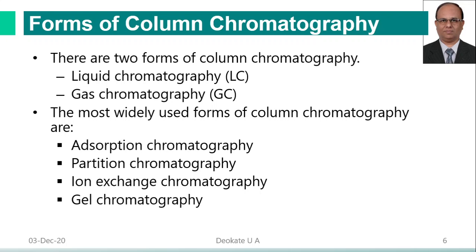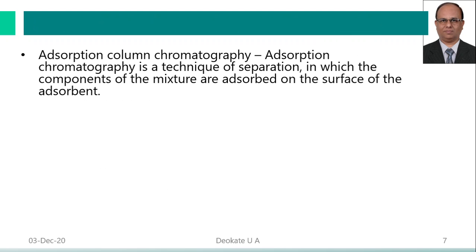In ion exchange chromatography, specific ion exchanger resins are used which will separate out the polar compounds. Gel chromatography, also known as molecular sieve chromatography, is one in which the column is filled with a specific type of gel. The purview of this lecture is adsorption column chromatography, which is used in the laboratory.